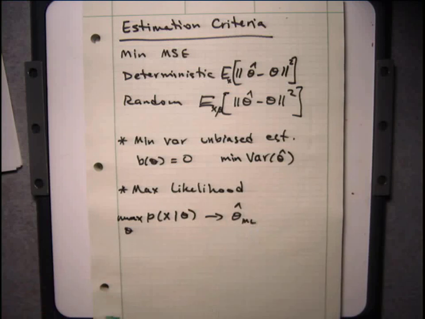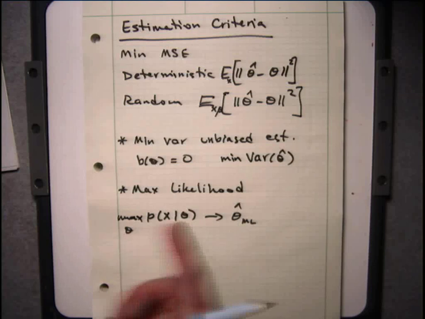The nice thing about this structure was that it was very easy to carry out, because if you know this PDF, if you know this conditional PDF, then maximizing it is just simply a matter of taking the derivative, setting the derivative equal to 0, getting an answer, and then making sure that the second derivative is negative so that you have a maximum. Okay? And also, typically, we don't maximize p of x directly by itself.